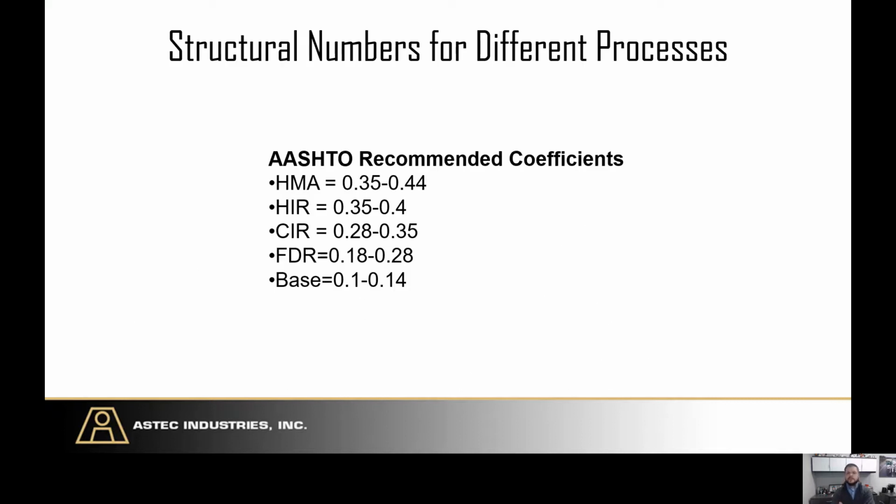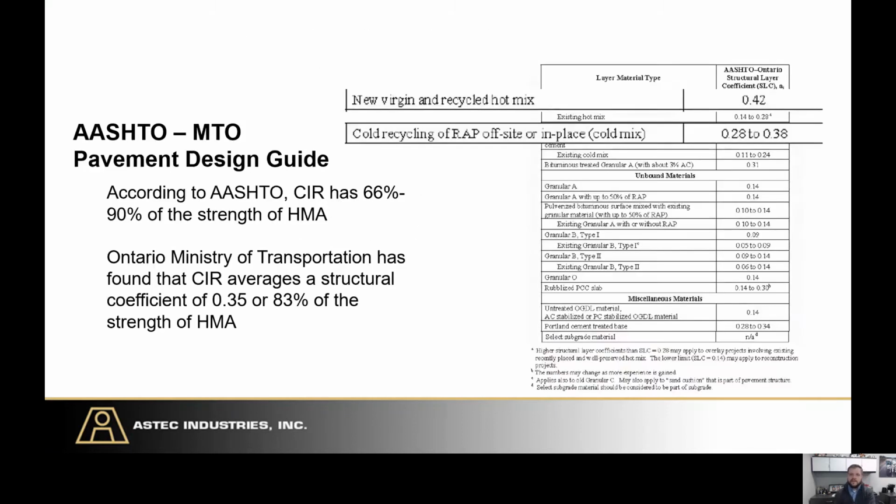So this is something you might be familiar with, obviously, the AASHTO structural coefficients. And looking at these, you can see HMA, HIR is hot in place recycle, CIR, FDR, and so forth. Now what they found in Ontario, up in Canada, where they do a lot of cold in place, is that the structural coefficient of CIR is 0.28 to 0.38.